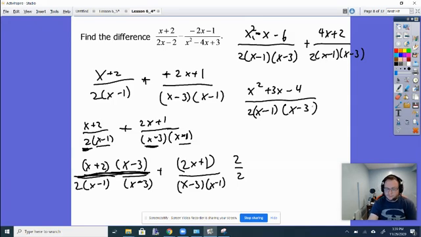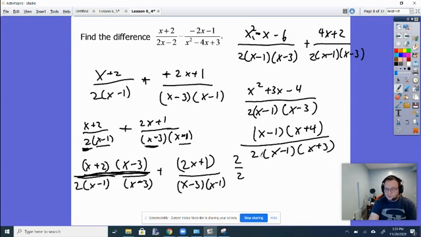So if I factor that numerator, I'm going to get x minus 1, x plus 4, which we can see is going to cancel with something. So my x minus 1's cancel, and I'm left with x plus 4 over 2x plus 3, which again, may be your answer, and yay.